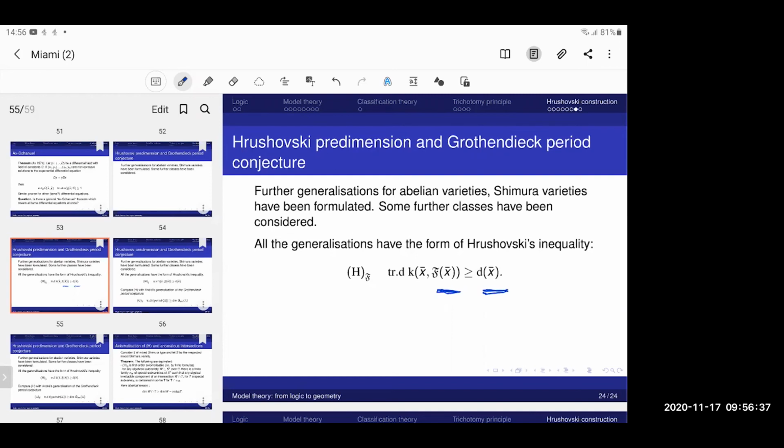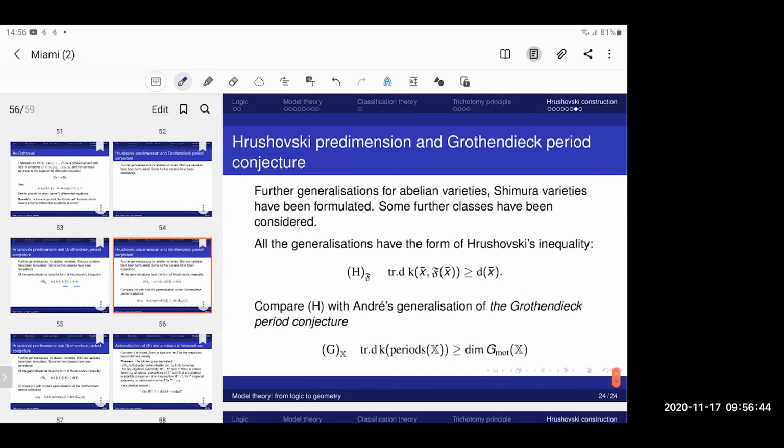So there is no inequality with zero here. But in this form, it looks more like a Grothendieck period conjecture, and of course we know that Grothendieck period conjecture.